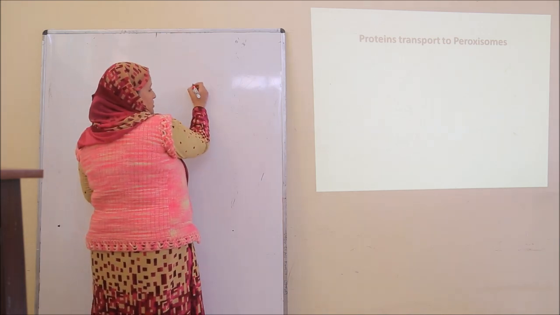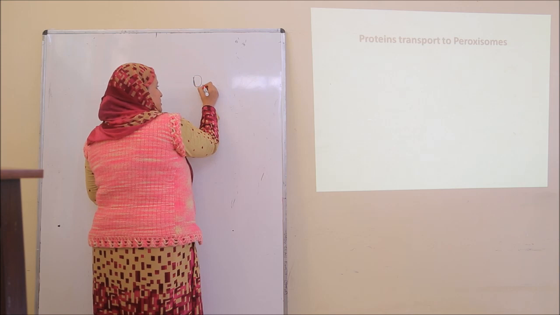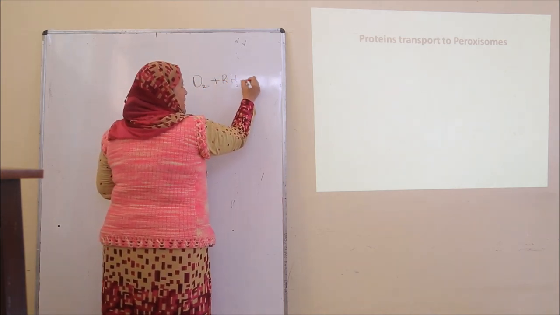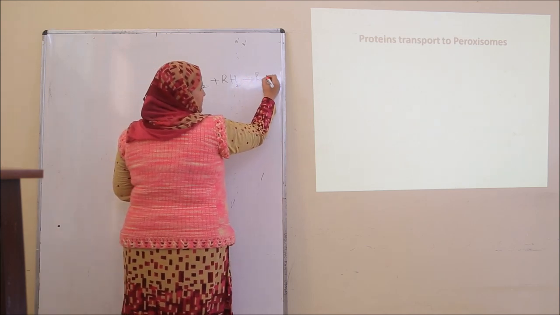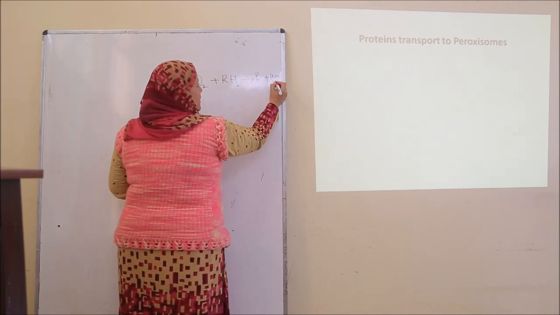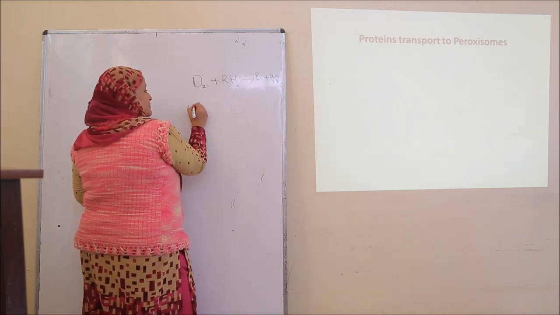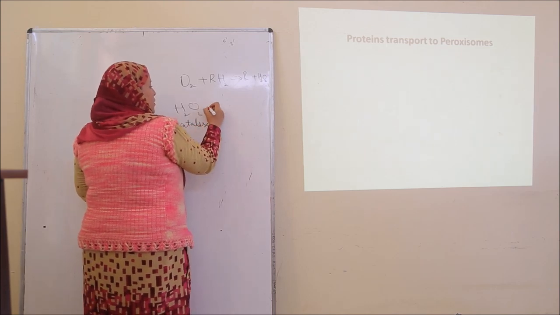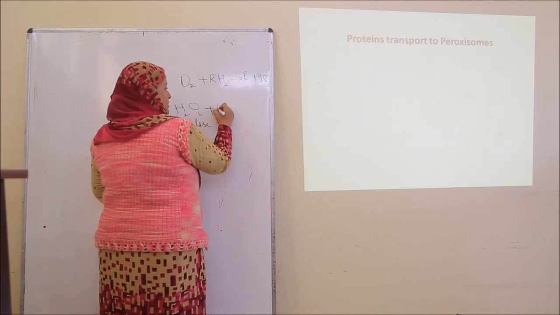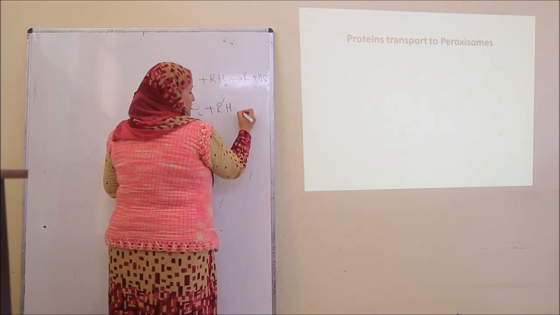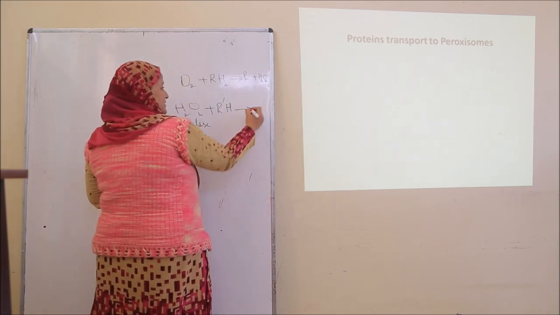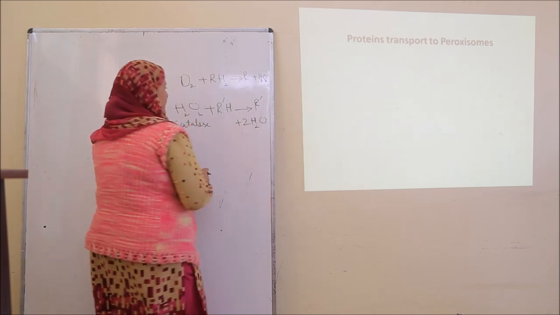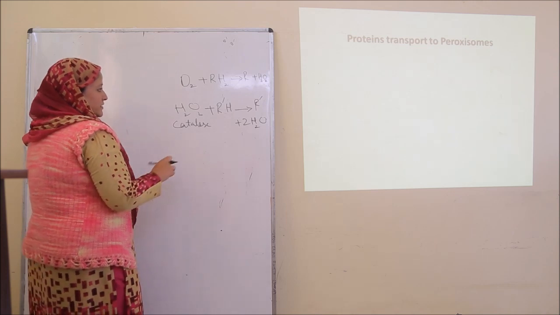These peroxisomes use molecular oxygen, which helps to remove hydrogen from the organic substrate and gives hydrogen peroxide. This hydrogen peroxide is utilized by the enzyme catalase, which again removes hydrogen from other organic substances and releases water.